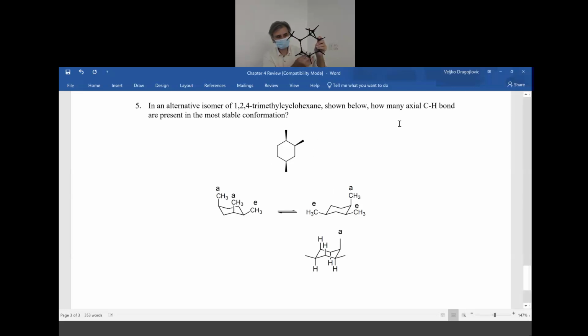So methyl group up, and this methyl group now should be up, not down. Okay. So now, when you make a model, let's see, like this. Yeah. This is about what is represented here.